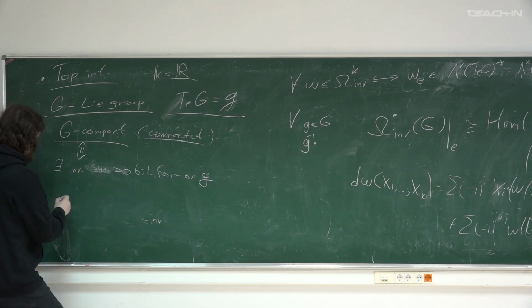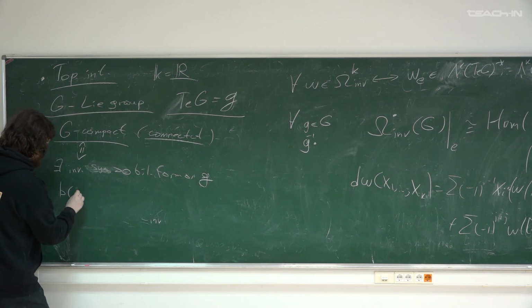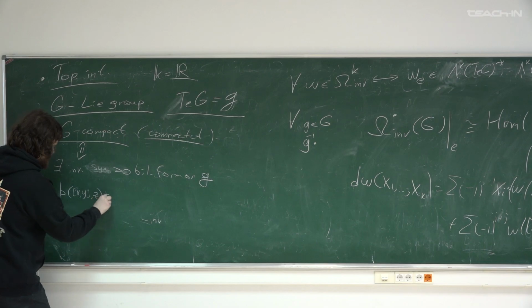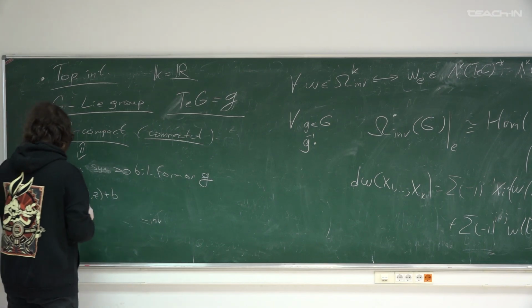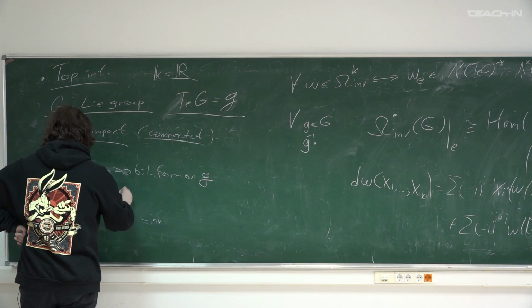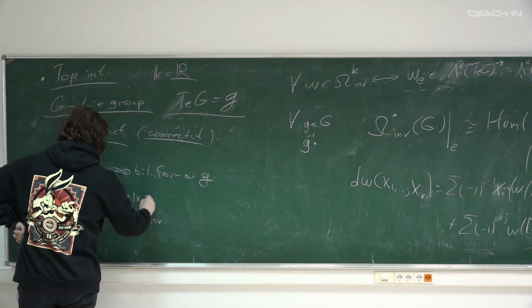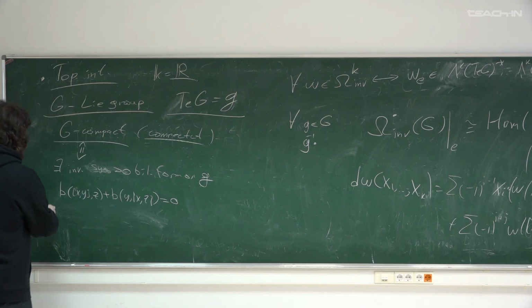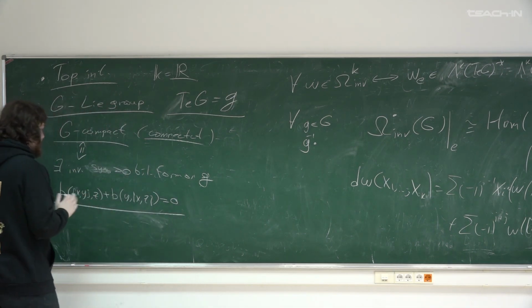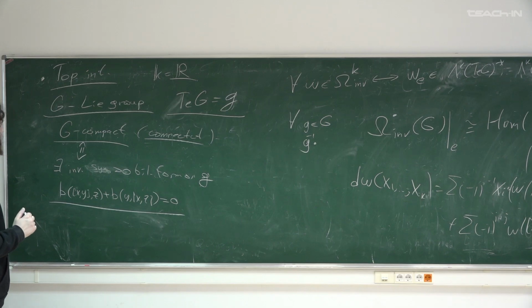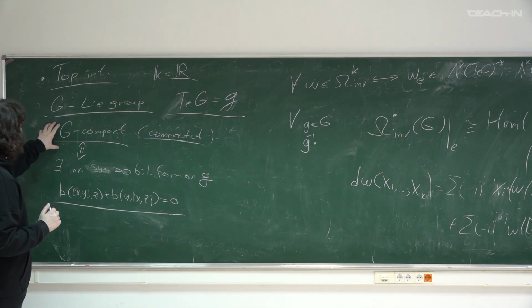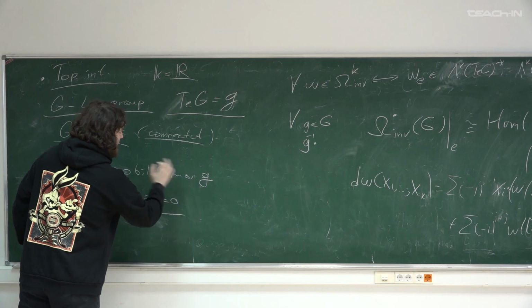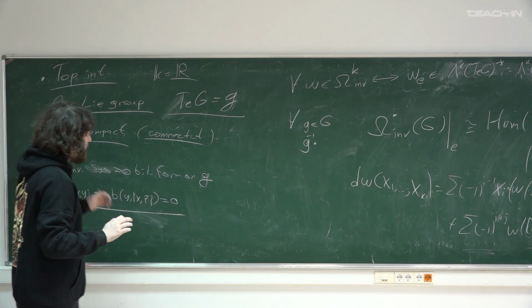Invariant means that it satisfies something like this. If and only if such a form exists, then there exists a compact Lie group with our unit tangent space. So it's not always existing.